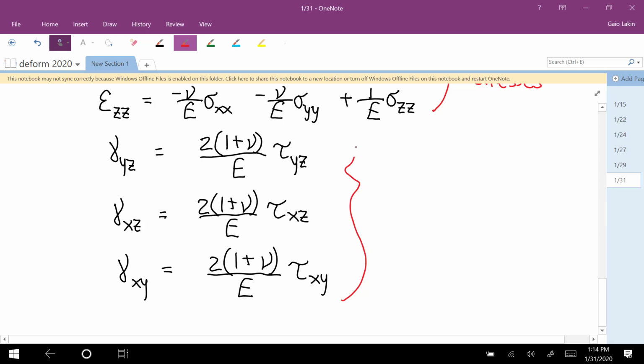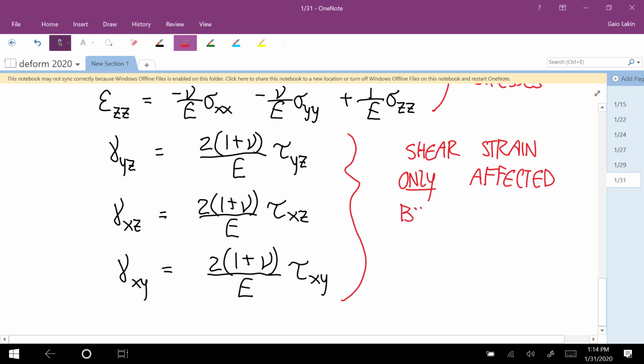So the shear strain is only affected by the associated shear stress.